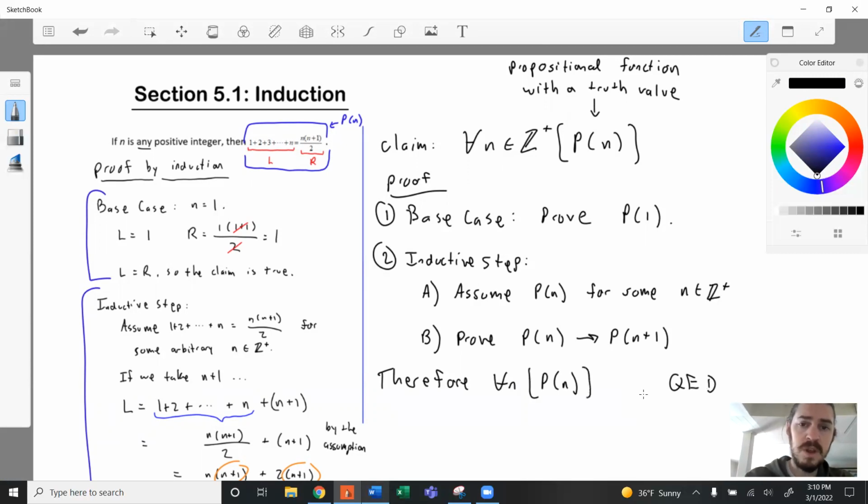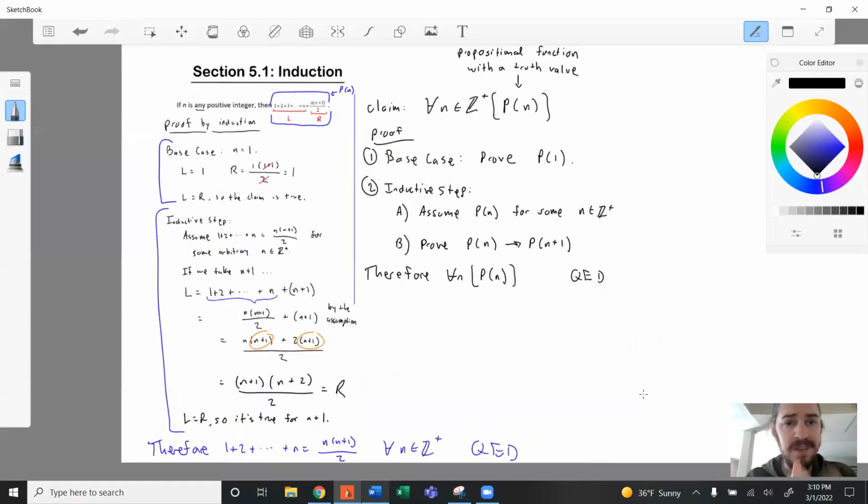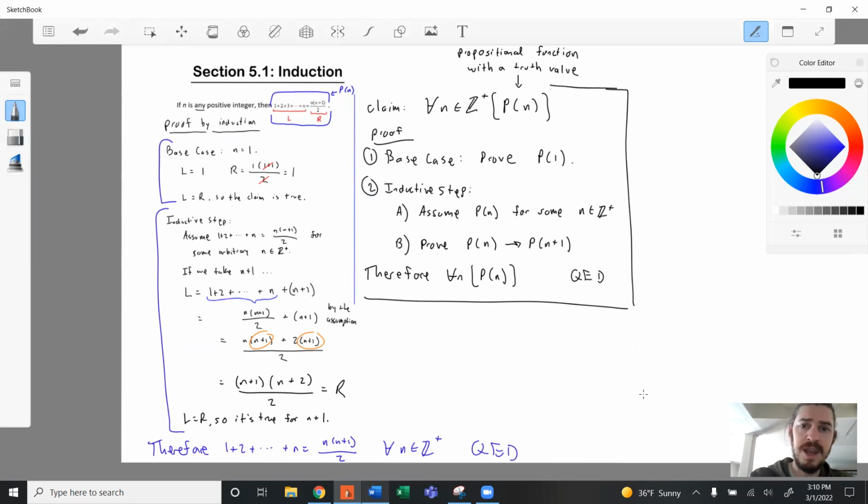Okay. So there we go. This is our first example of proof by induction, and a description of what proof by induction basically looks like every time. The particular format of the claim that you're proving can be all sorts of different things. It's not always going to be summation formulas. Sometimes you prove something about divisibility of numbers.